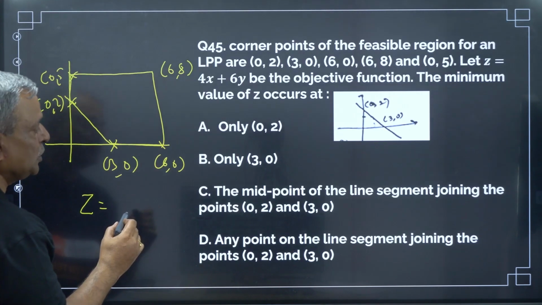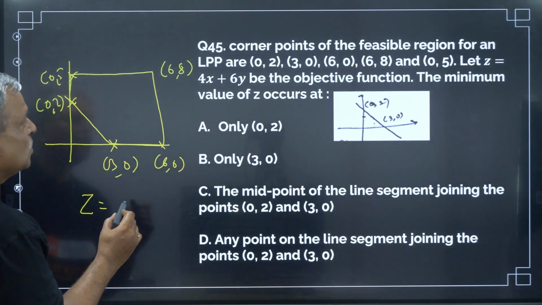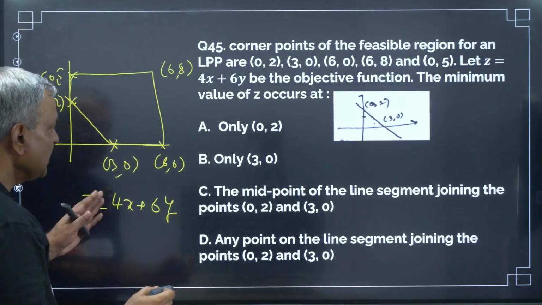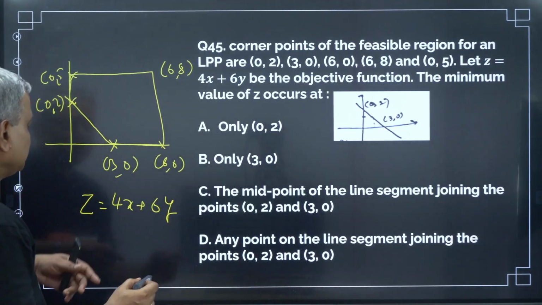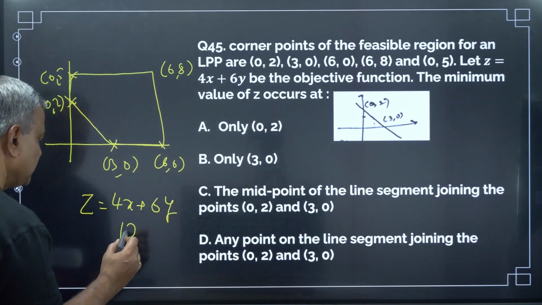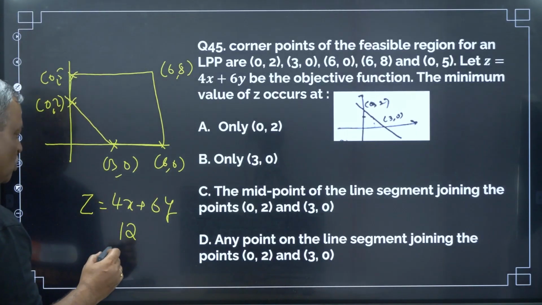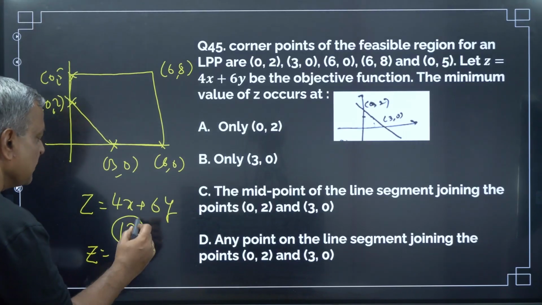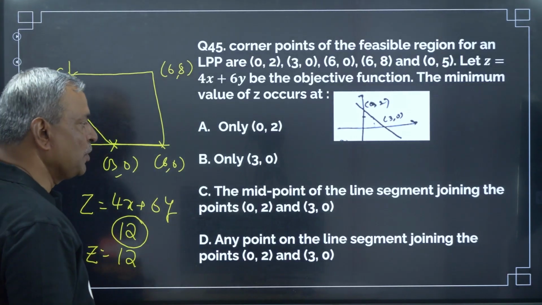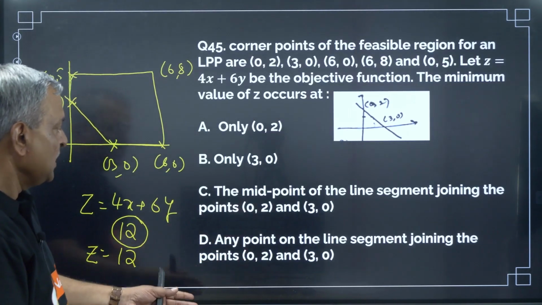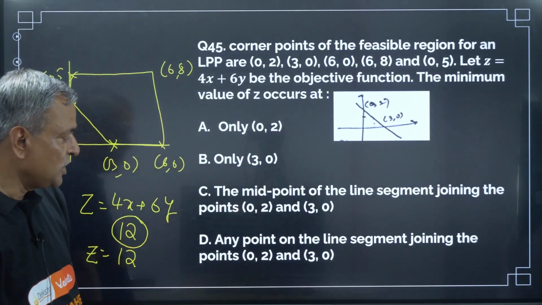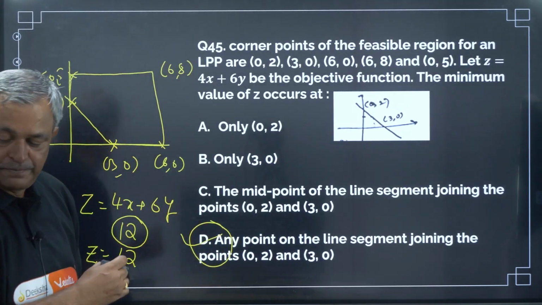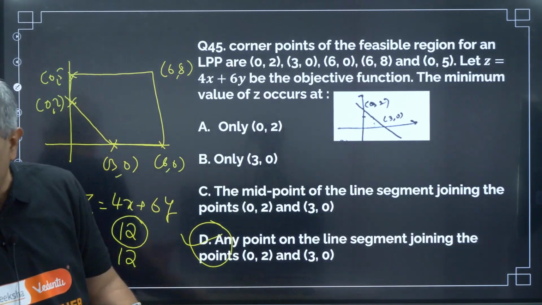Z is equal to 4x plus 6y. Keep on putting the values. If I put 3, 0, 4 threes are 12. Okay, if 0, 2, this is also 12. 12 is the minimum. So any point on the line segment joining 0, 2 and 3, 0 will be the minimum. Option D is correct.